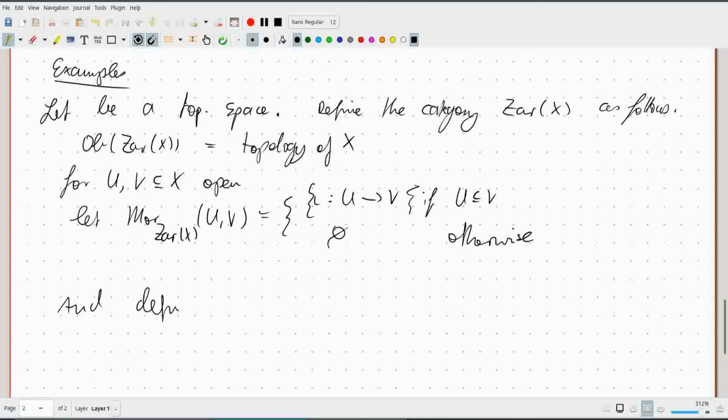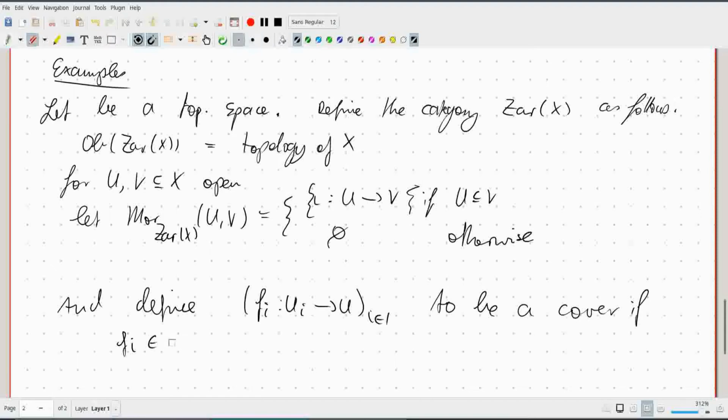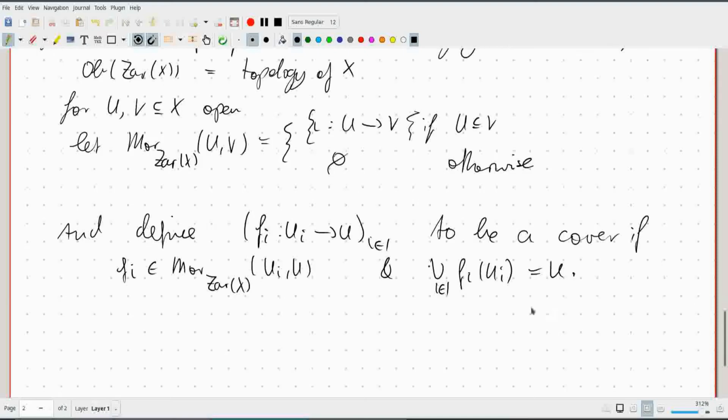And define a collection f_i from U_i to U, i in I, to be an open cover, or cover, if all of the f_i are morphisms in X from U_i to U, meaning that they are inclusions of subsets, and if the union of all of the images in U are actually equal to U. So just the usual notion of a cover.